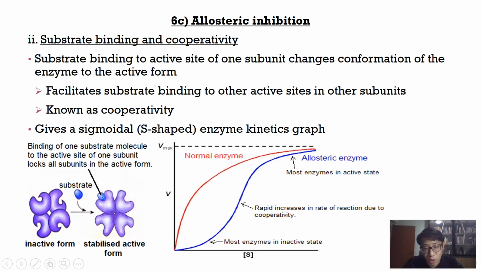This increase will slow down, and eventually there would be no increase when the enzyme becomes saturated. Even though they are mostly in the active state, they start to become saturated at very high substrate concentration. So the increase will slow down again and eventually become constant. This gives a sigmoidal curve, and again that's a hallmark of an allosteric enzyme.